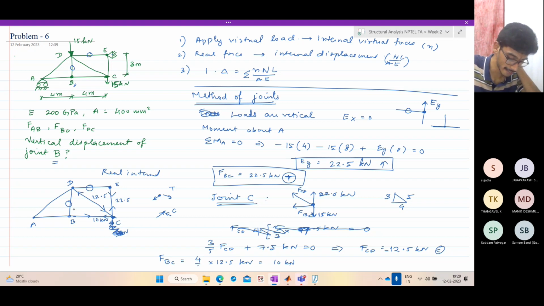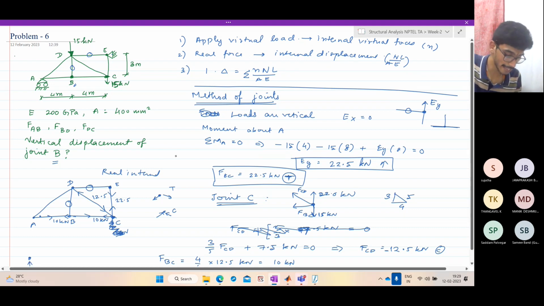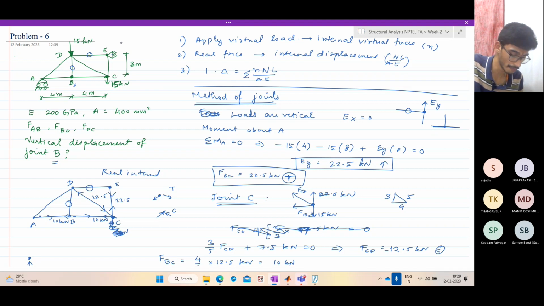So this vertically it is 0. So this is also 10 kilonewtons. Then coming to this point, you have a vertical reaction. We didn't compute it. So you go to joint A, we have a vertical reaction AY, but we can quickly get it: minus 15, here 22.5 is acting upwards.